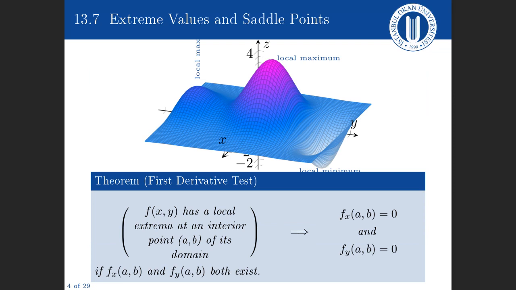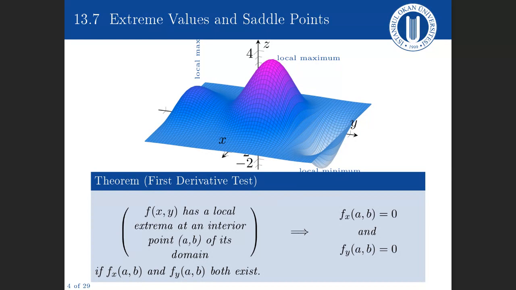The first derivative test. Suppose a function f has a local extrema on an interior point a, b of its domain. If that's true, if it has a local extrema at an interior point, then both of the first order partial derivatives of f at this point must be 0, as long as they both exist.